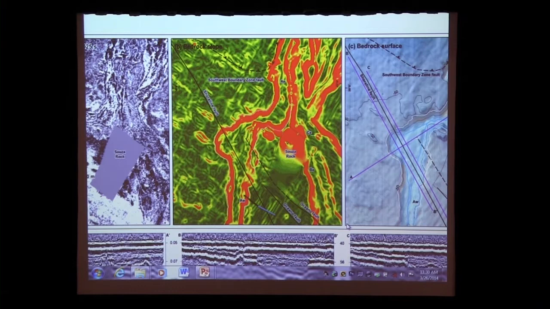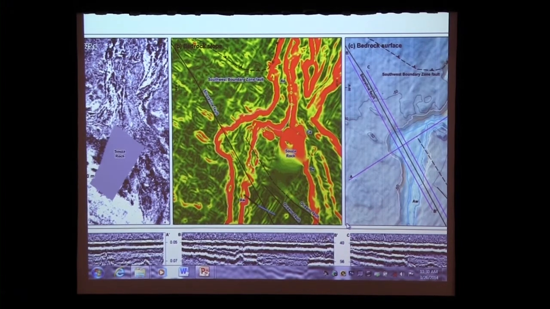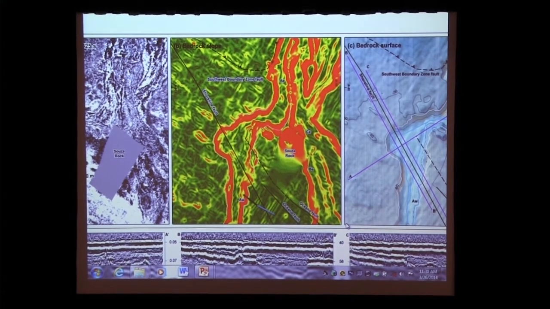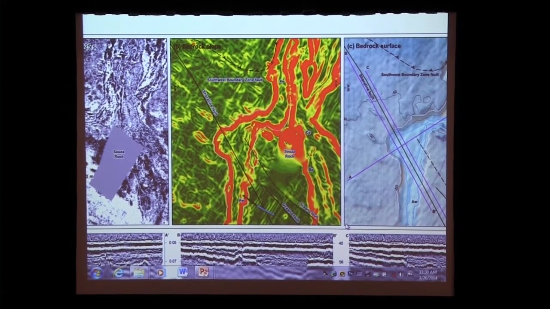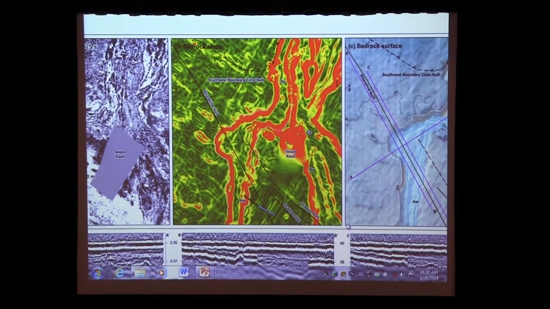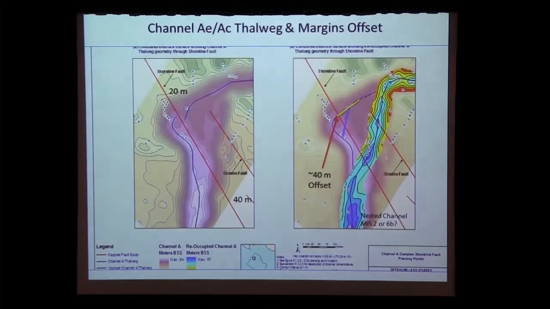Okay, so this thing is offset too. Actually, this Oceano fault comes right in through here. You can see where it comes right through here, and that's offsetting the margin of the channel here. This is the Oceano fault. Let's see if we can go one more down. Yeah, go down to the next one. Okay.